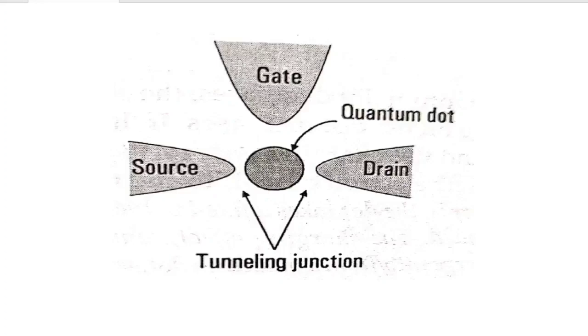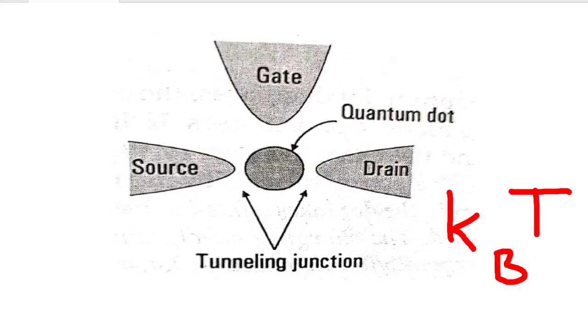That means the quantum dot will act as a capacitor here because it is collecting charge. If the quantum dot size is sufficiently small and the charging energy is much greater than the thermal energy, we know that the thermal energy is nothing but k_B T, where T is the temperature.